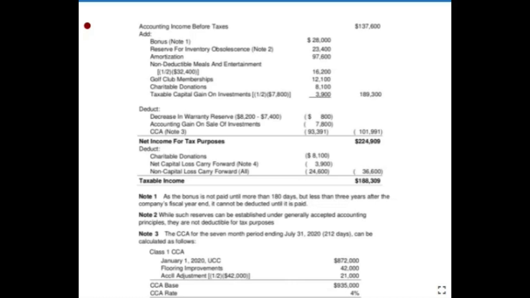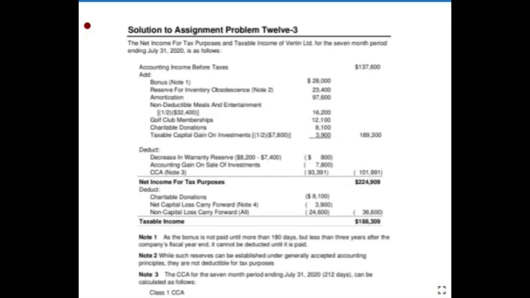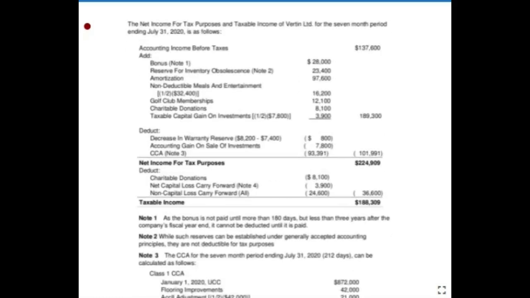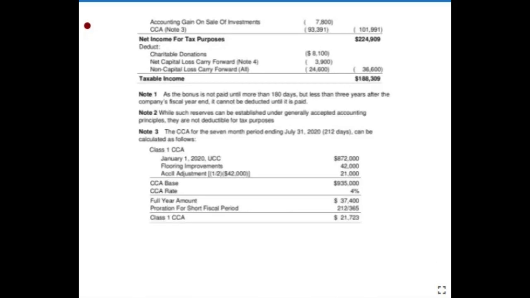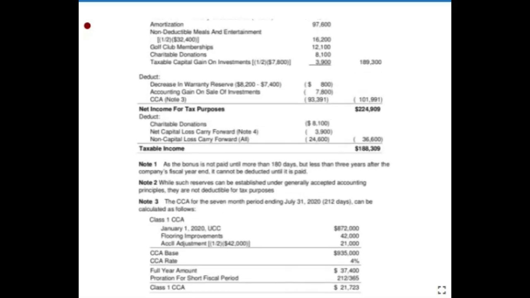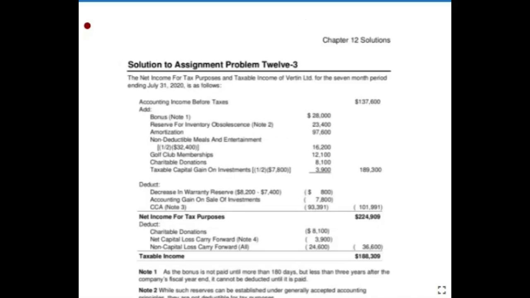We will utilize that a little bit here. Like in this question, there's some CCA calculations required, right? Because we're adding back amortization and subtracting CCA.